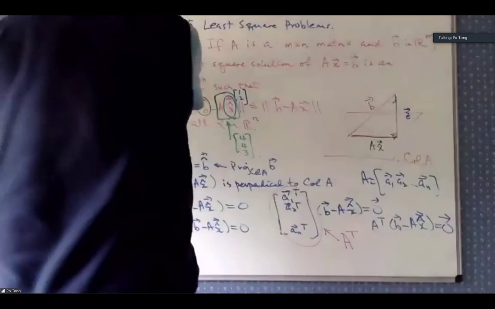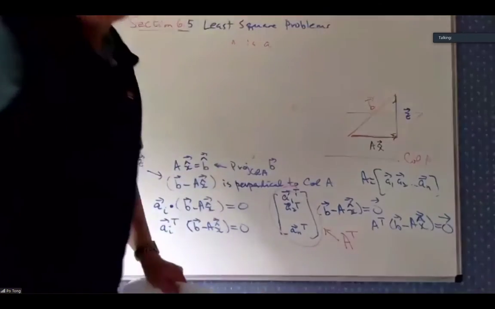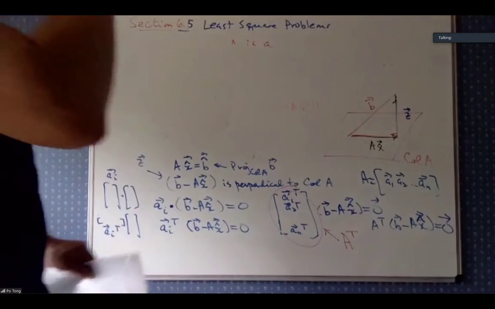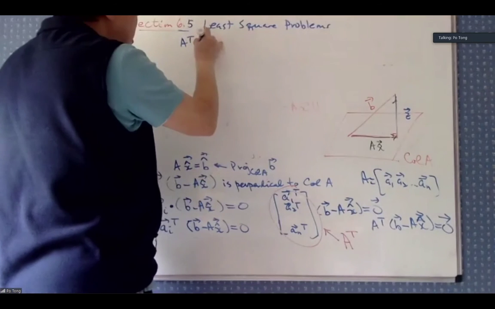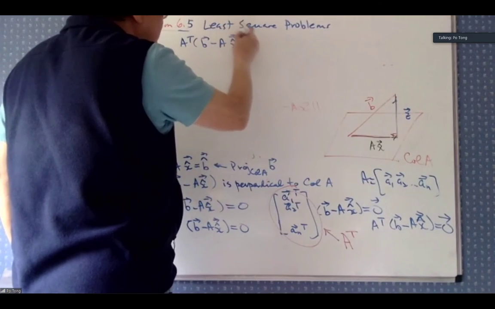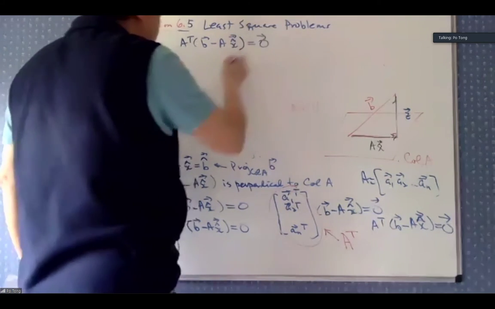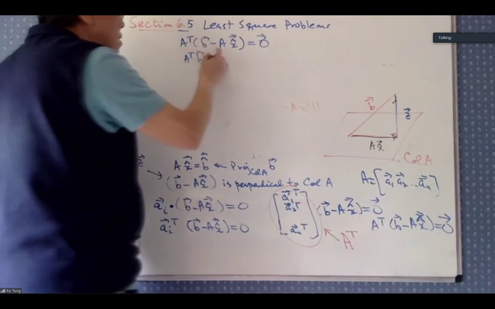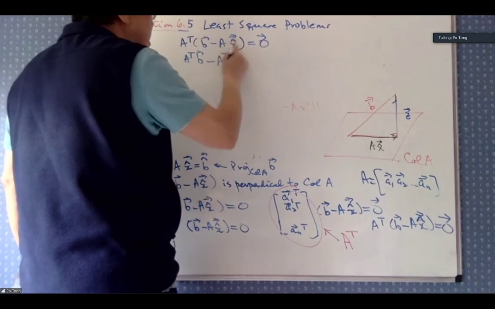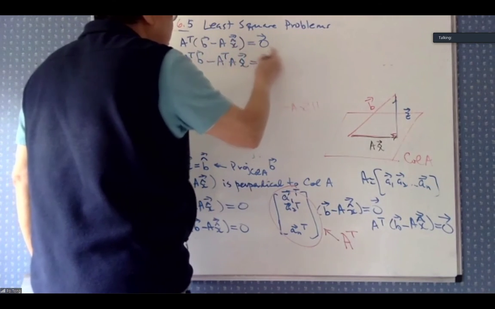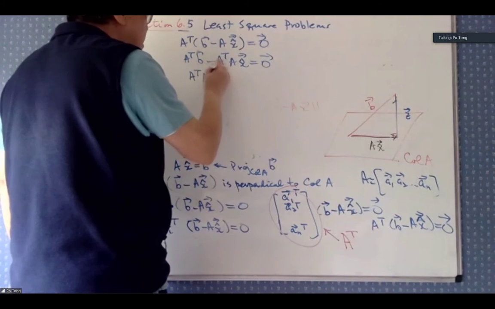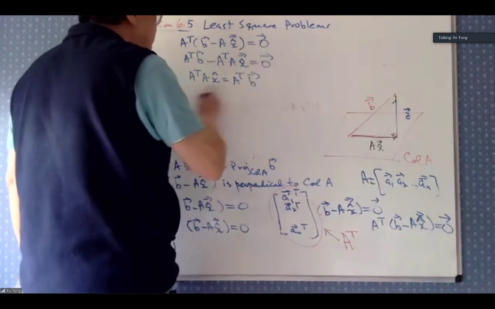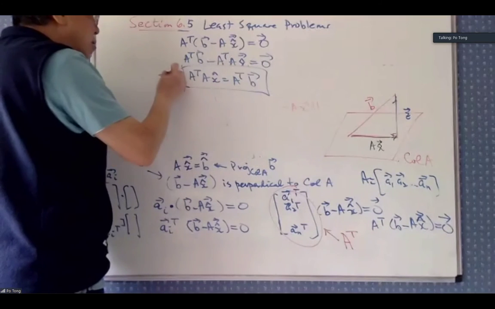Look at this equation: A transpose (B minus AX hat) is equal to the 0 vector. Multiplying this out, you will get A transpose A X hat minus A transpose B equal to 0, which means that A transpose A X hat is equal to A transpose B. And this is called the normal equation.